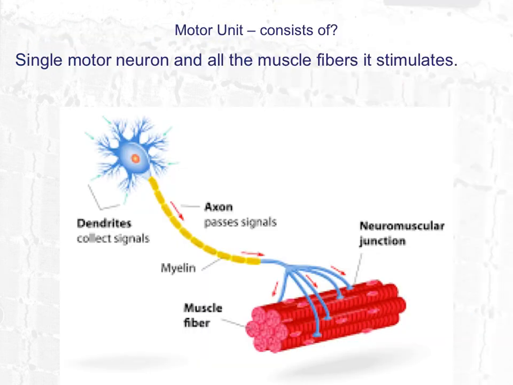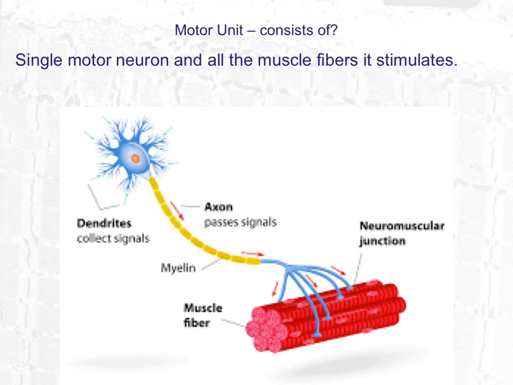Okay, so when we look at muscle structure, in order for skeletal muscles to move, they need to get signals to move. And so we call that muscle fiber plus signaler a motor unit.